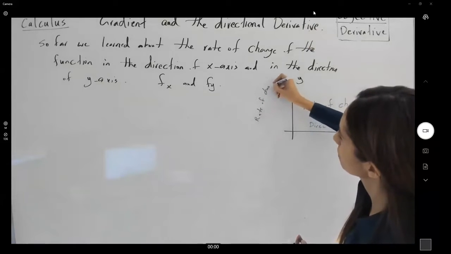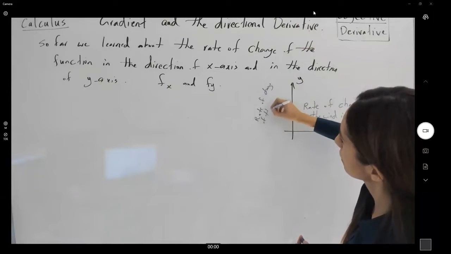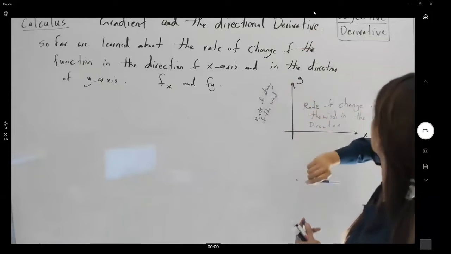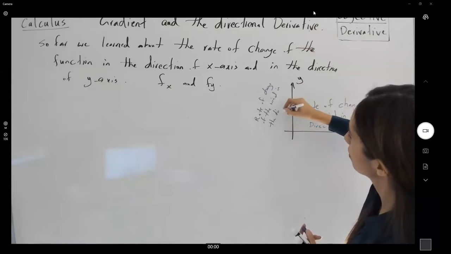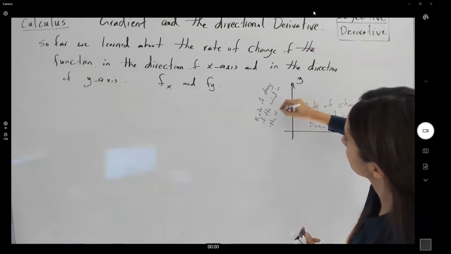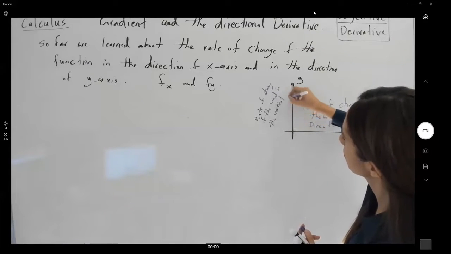Rate of change of the wind in the vertical direction.